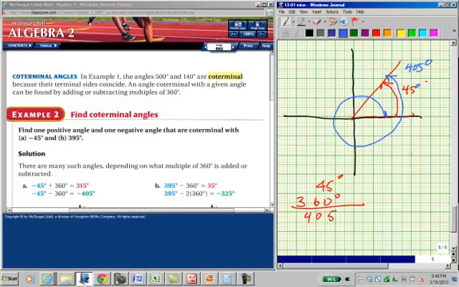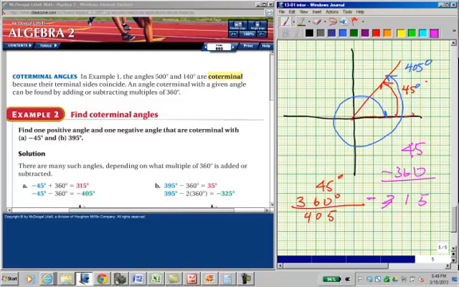Well, we'll take 45 minus 360. Let's do purple. That's negative 315.